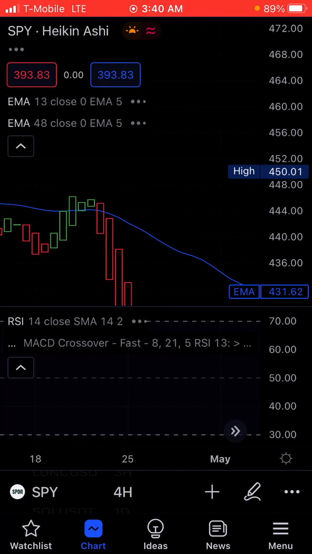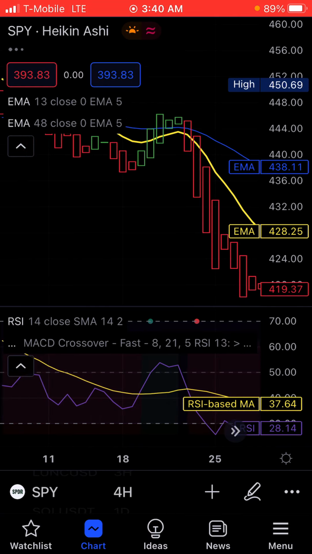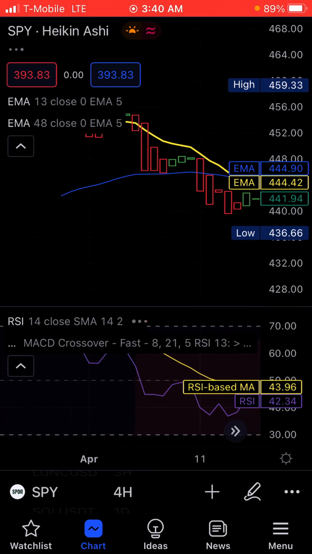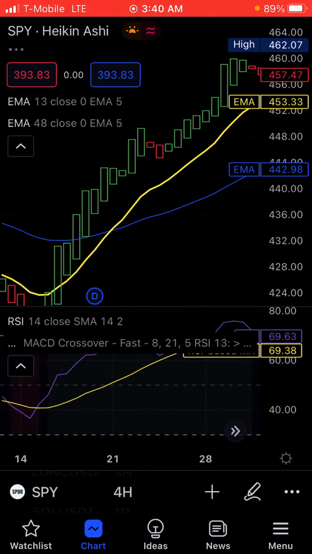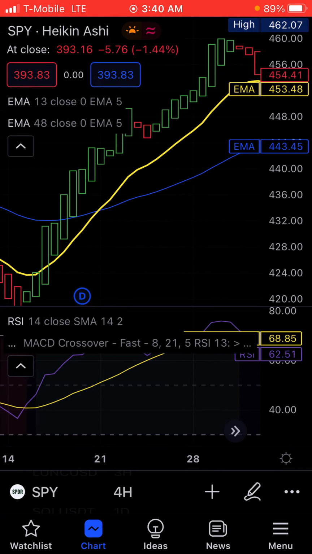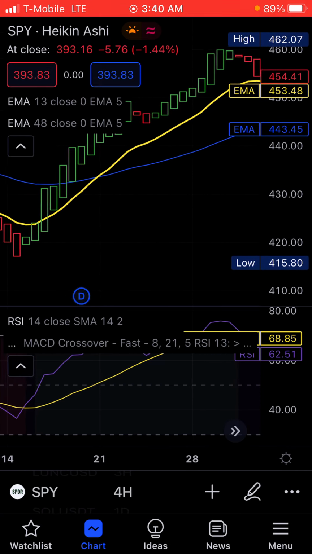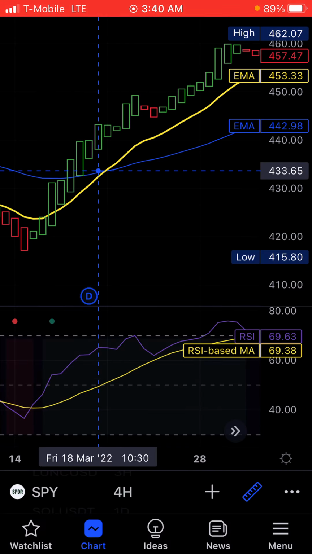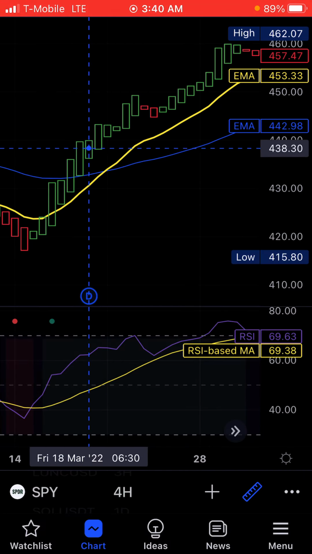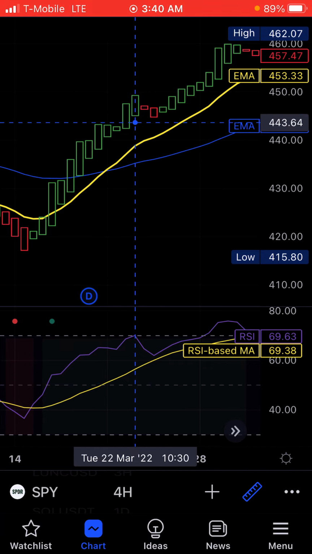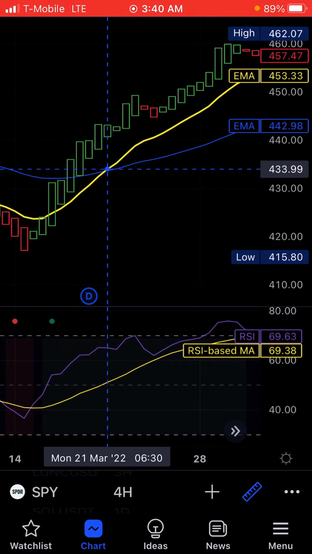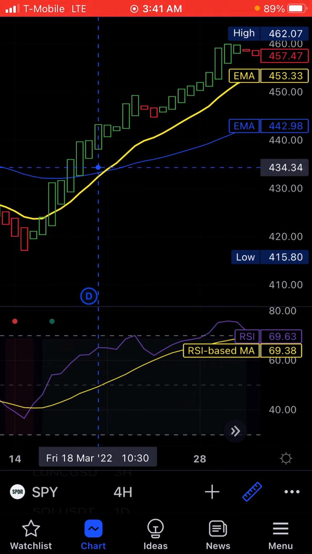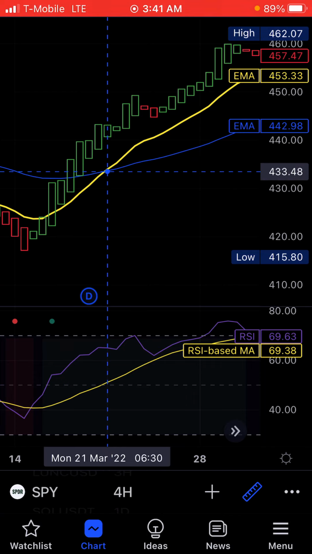I think you guys get an idea. See, what we look for is, here's a good one right here. So we see that it's crossing. See, it's crossing right here. And as it's crossing up, we can look at the relative strength index and see that it is above the yellow line, which indicates movement up.